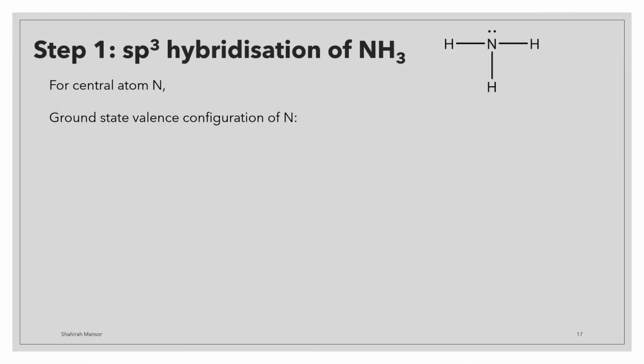So after we know the hybridization of nitrogen in ammonia, so now let's write the ground state valence configuration of nitrogen. So we have as much as 5 valence electrons for nitrogen, di mana kita ada 1 elektron yang berpasangan, 3 lagi adalah single ataupun unpaired electron. So these electrons are actually consistent with what we have in this Lewis structure.